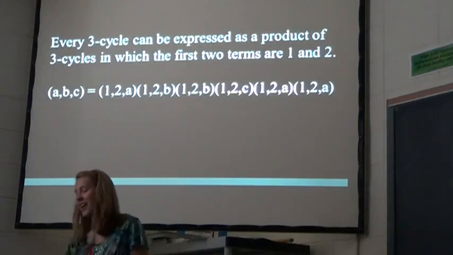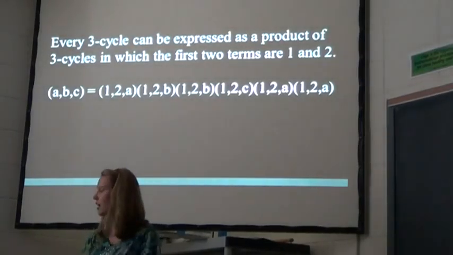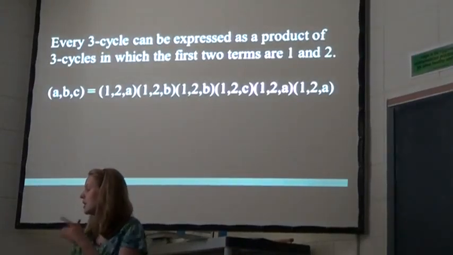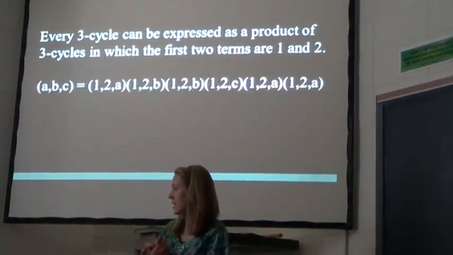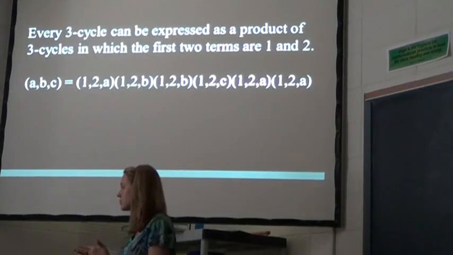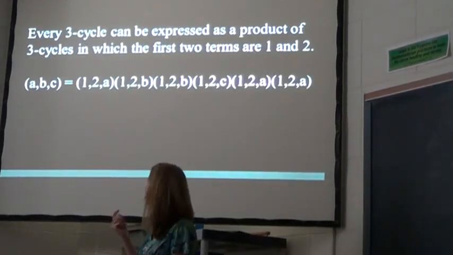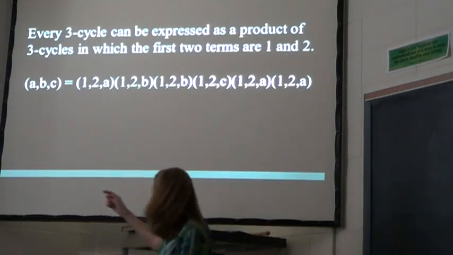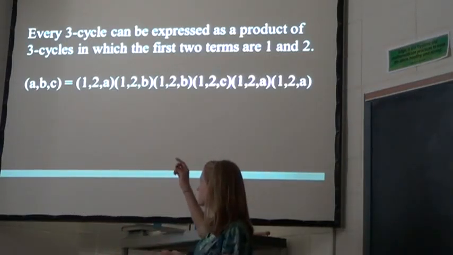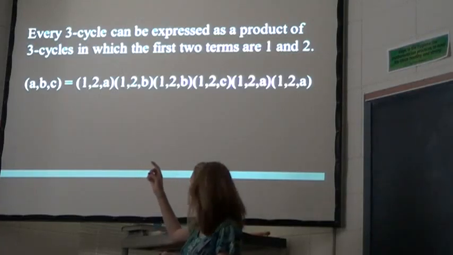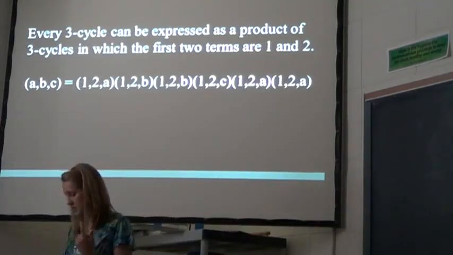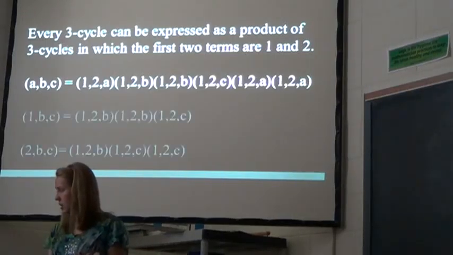But anyway, every pair of transpositions can be expressed as a 3-cycle or product of 3-cycles. If we can show that every 3-cycle is possible, then, alright, so we have here a 3-cycle (A B C). We can express that as a product of 3-cycles beginning with 1 and 2. These are the positions 1, 2, and this only works if A, B, and C are not equal to 1 and 2.